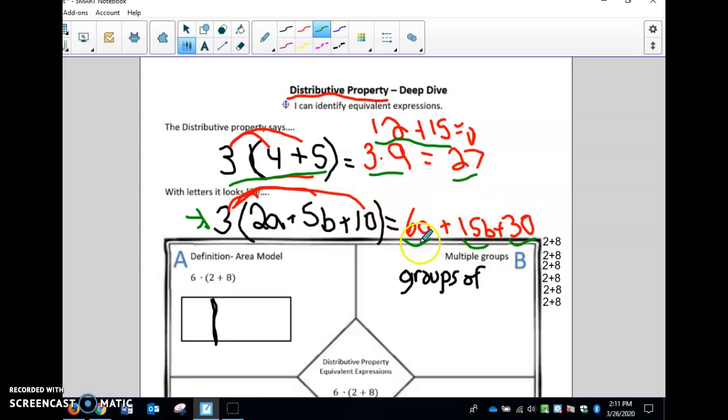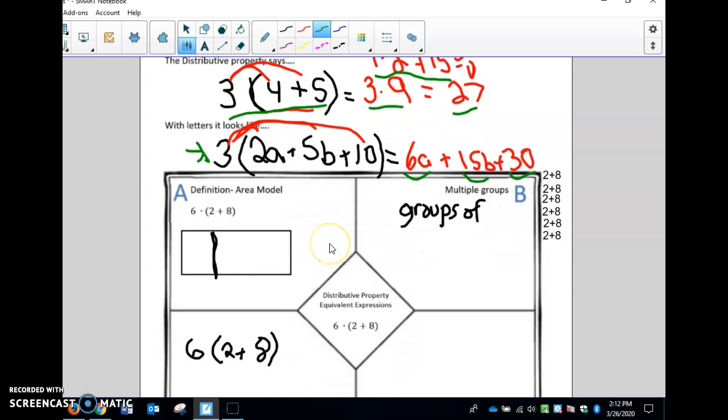I can just write this as 6a plus 15b plus 30. That's the only way I can manipulate that. I can write other expressions that are equivalent to this, but I can't take 6a plus 15b and write that as, well, 15 plus 6 would be 21, so 21ab. No, those cannot go together because they're 2 different things. So make sure you're thinking about that as we unpack some of this distributive property thinking.